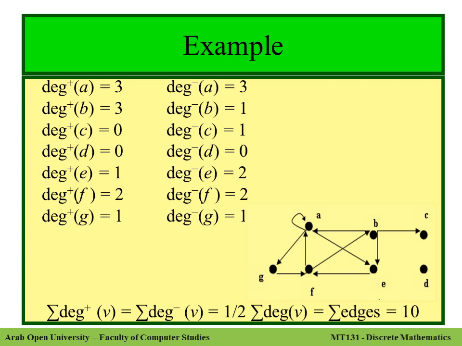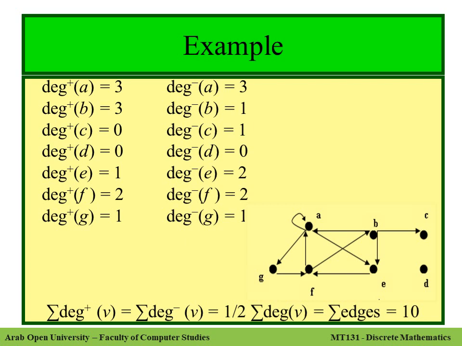Here is an example of the handshaking theorem for directed graphs. You can calculate the out degree for each vertex and the in degree and check to see if the sum is equal. For at least some of the vertices, for A for example, there's 3 edges starting from A, where the out degree is 3 for A. For B it is 3 also, because there's 3 edges starting at B. You can count the out degree for each vertex, count the in degree for each vertex.